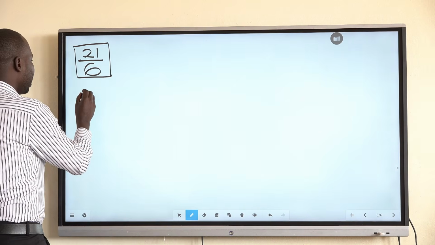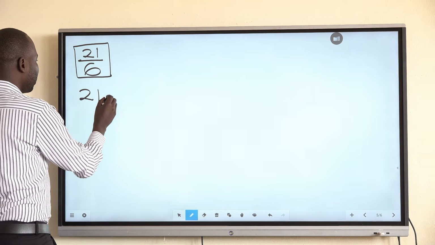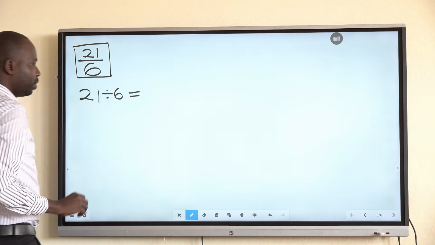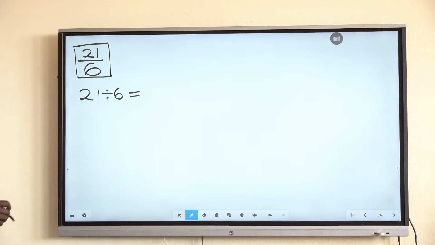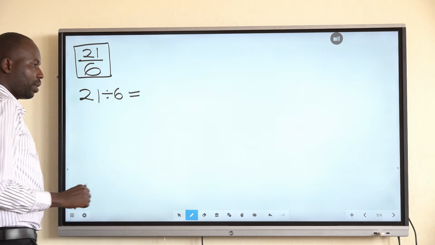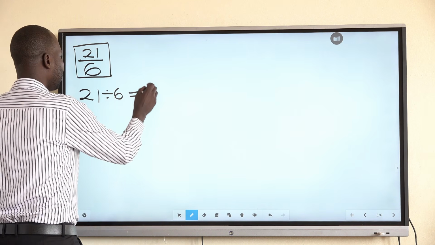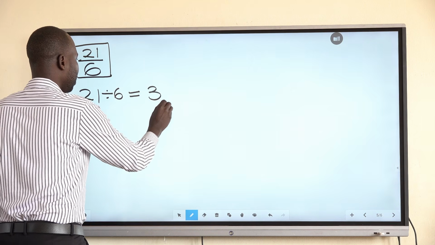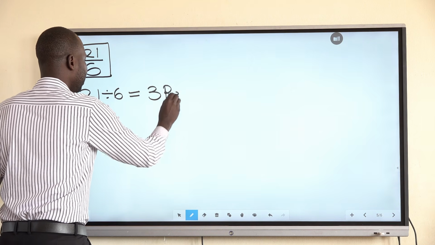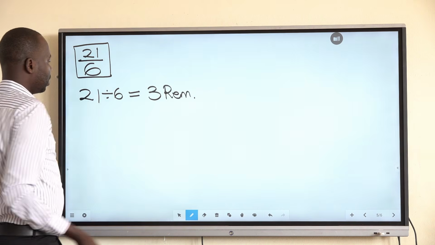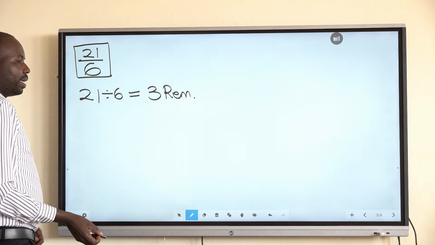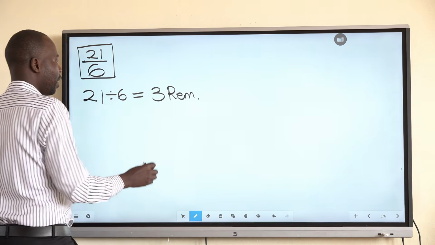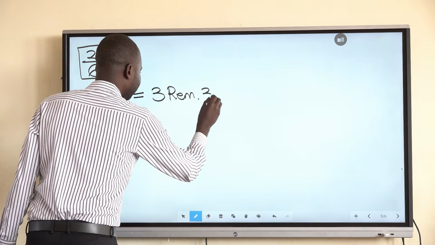The next thing here is dividing 21 by 6. What is the quotient and what is the remainder? Now, when you divide 21 by 6 correctly, you will have 3 whole number and there is some remainder. So 3 times 6, that is 18. It means that the remainder is 3.